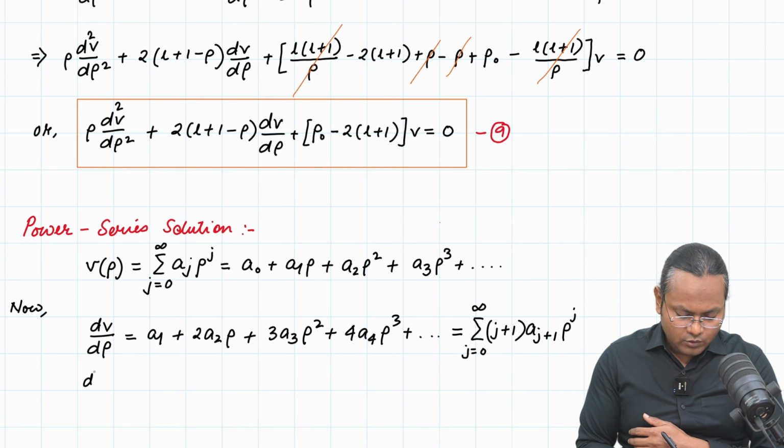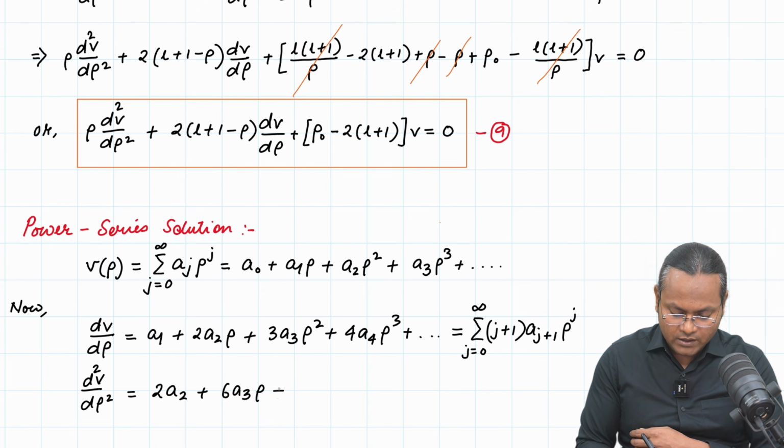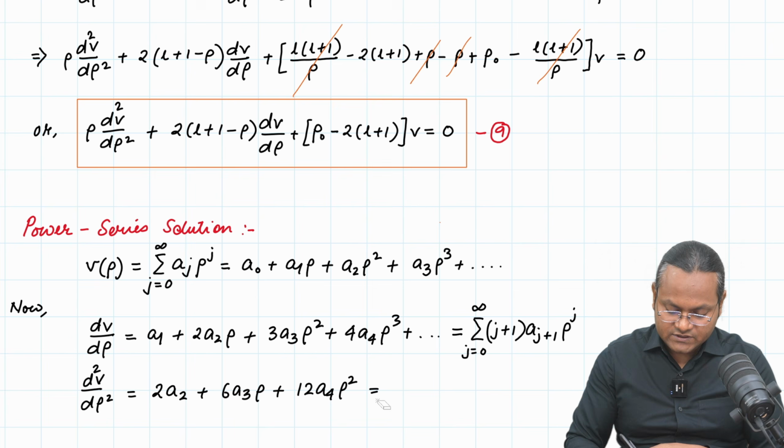If I take a second order derivative of v with respect to rho, this will give us 2a2 plus 3 into 2, 6 a3 rho plus 4 into 3, 12 a4 rho square, right? This kind of series solution will lead to something like a summation over j equals 0 to infinity.